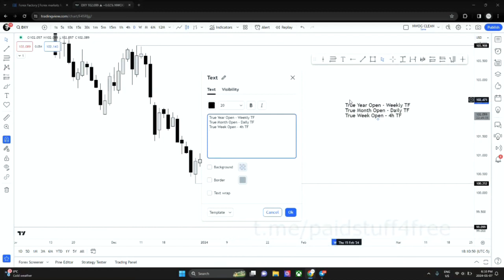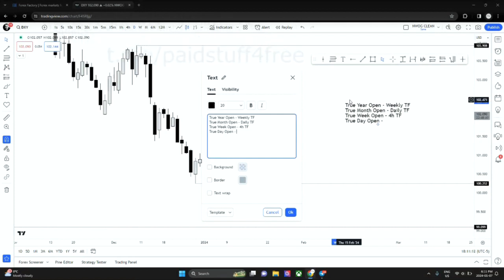For the daily cycle, when trading using the daily cycle, you will obviously be referring to the true day open in regards to finding setups.